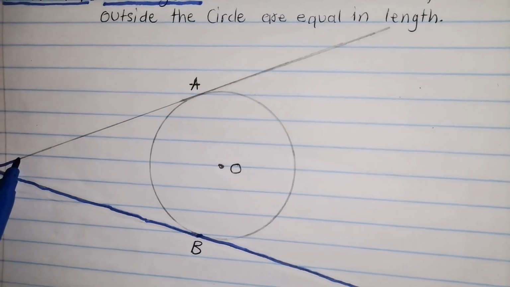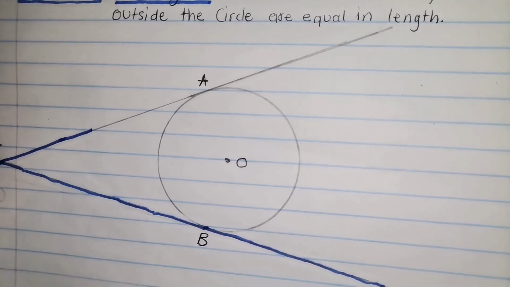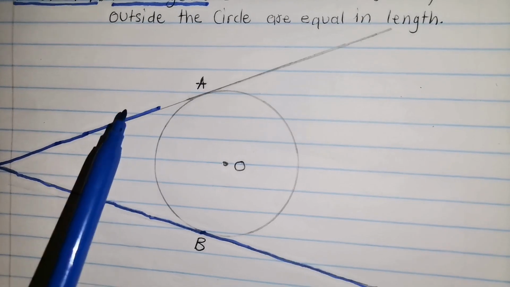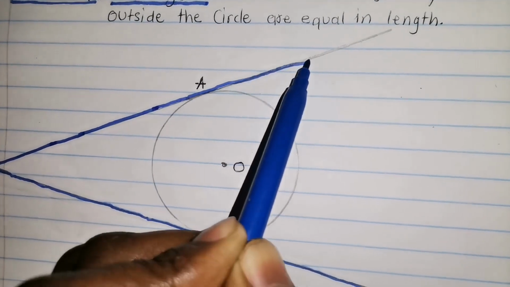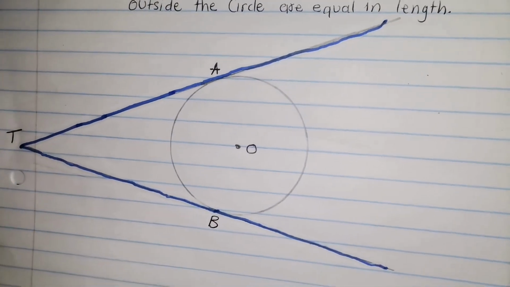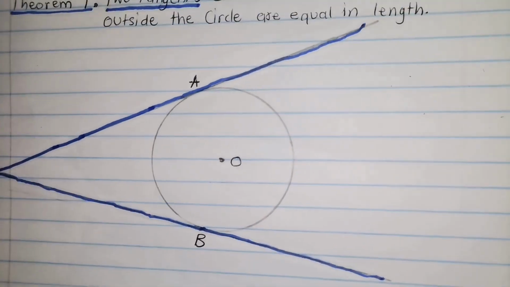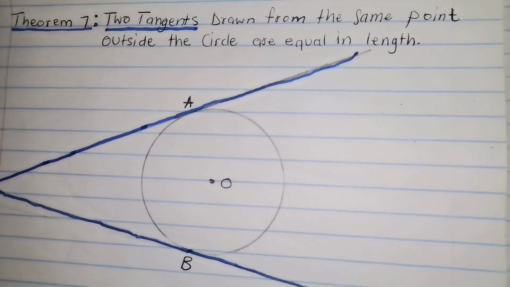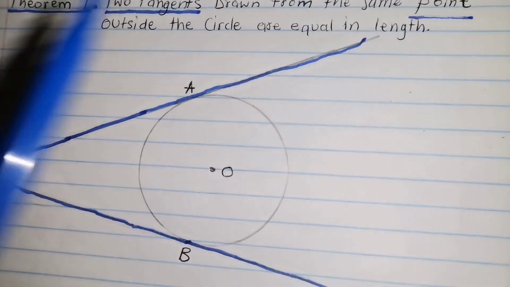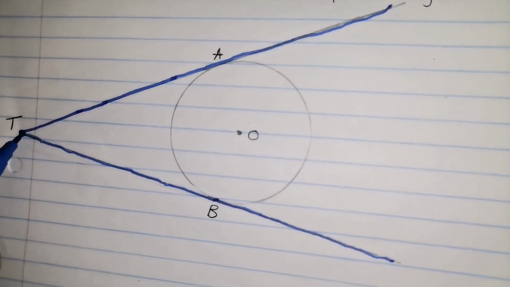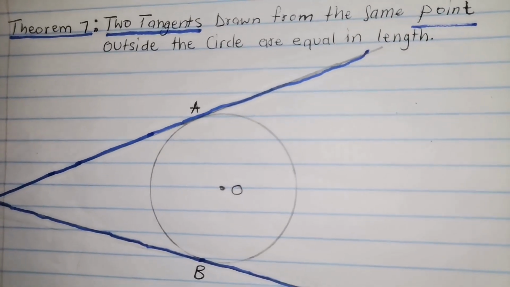And TA is a tangent in this case. Line TA is our tangent, obviously. Okay, guys. Then these two tangents drawn from the same point. Which point? Point T. Outside the circle are equal in length.